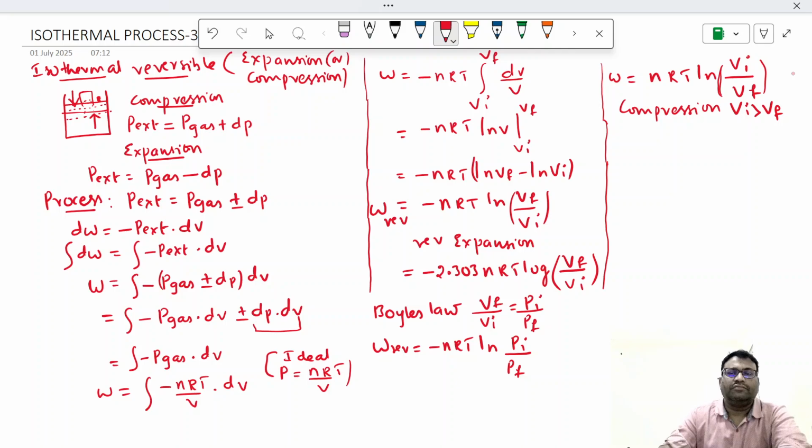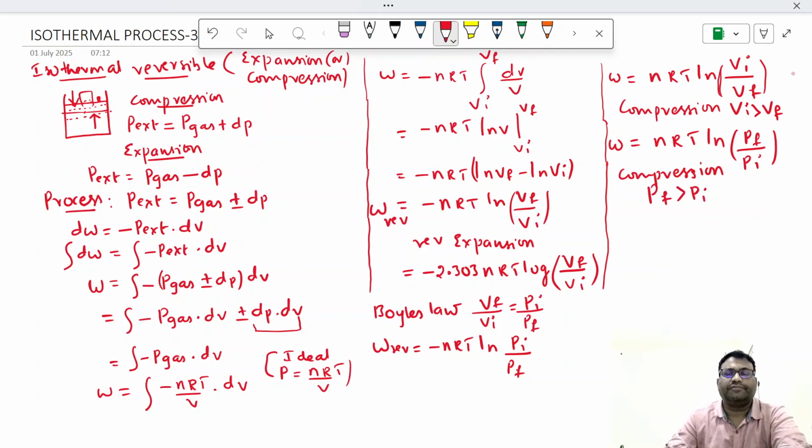Understood? Next, work done for compression in terms of pressure is 2.303 nRT log P final by P initial. When you are compressing a particular gas, the final pressure will be greater than the initial pressure.